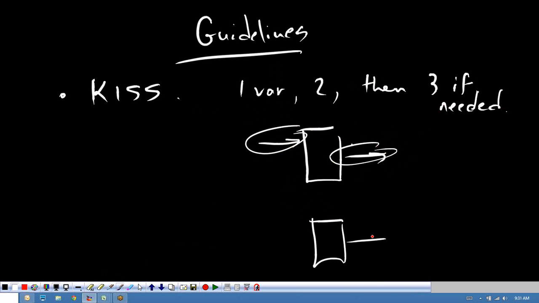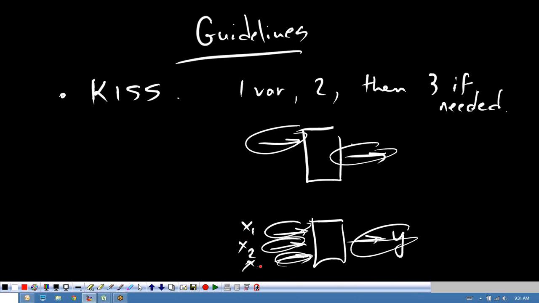What you don't want to start out with is something like this, where you're looking at each one of these and you're asking the question, I wonder if x1, x2, and x3 simultaneously affect y. That's a complex question that's difficult statistically to analyze. Okay? So start out with the simple and move to the complex as you need to.